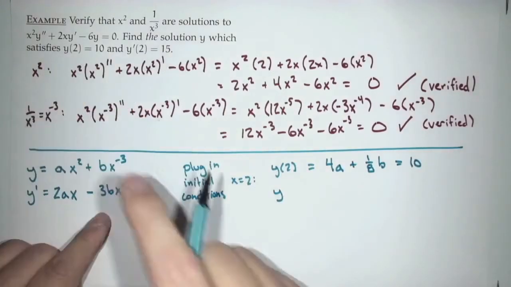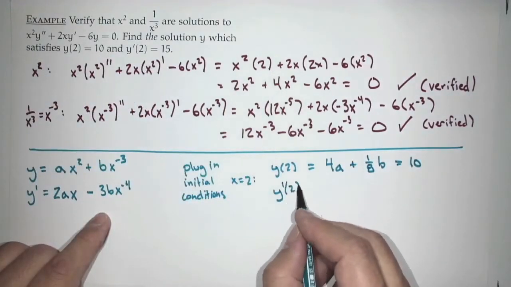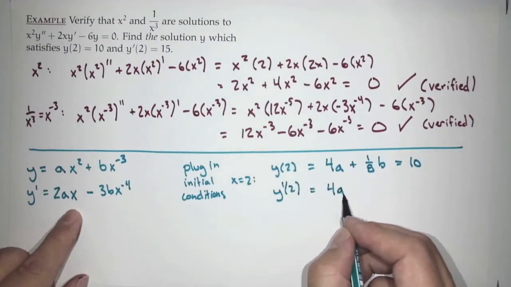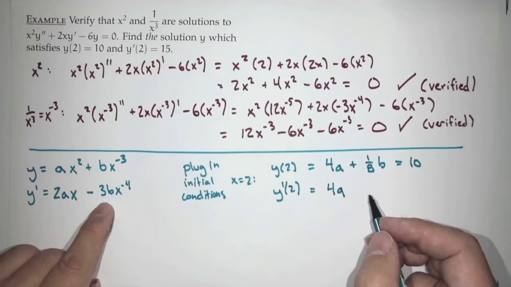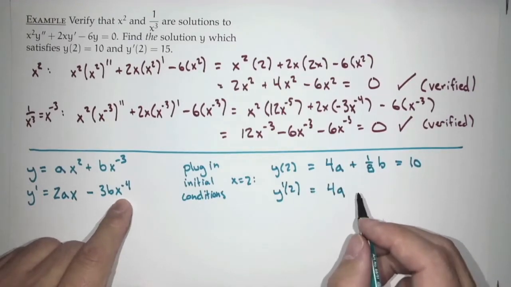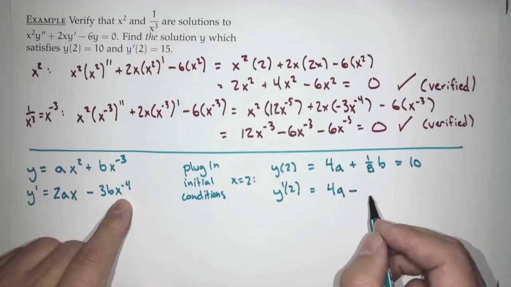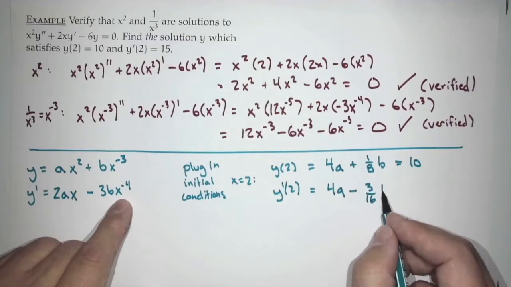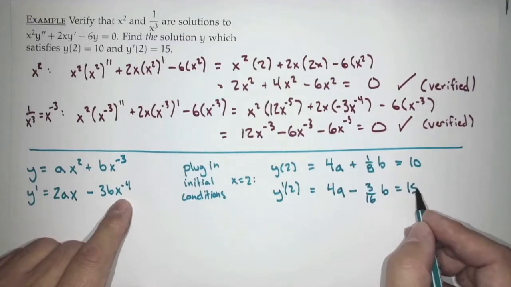That's the punchline, equals 10. Do the same thing for y prime. All right, 2a times 2, 4a. How about this one? We have 3 times 2 to the minus 4. What does that become? 3 over 16 b. That equals 15.